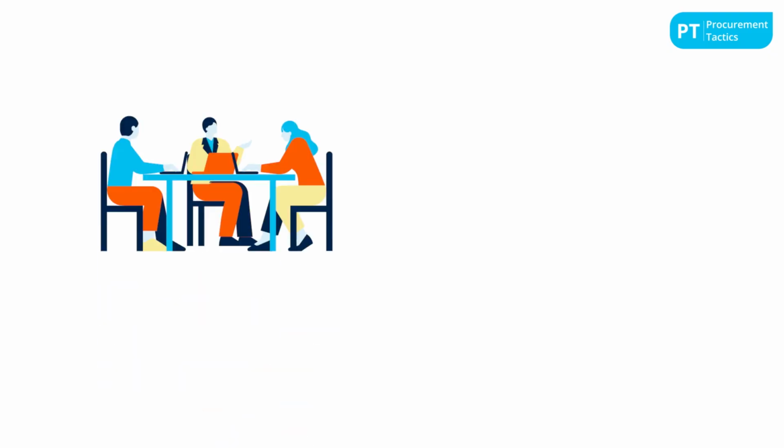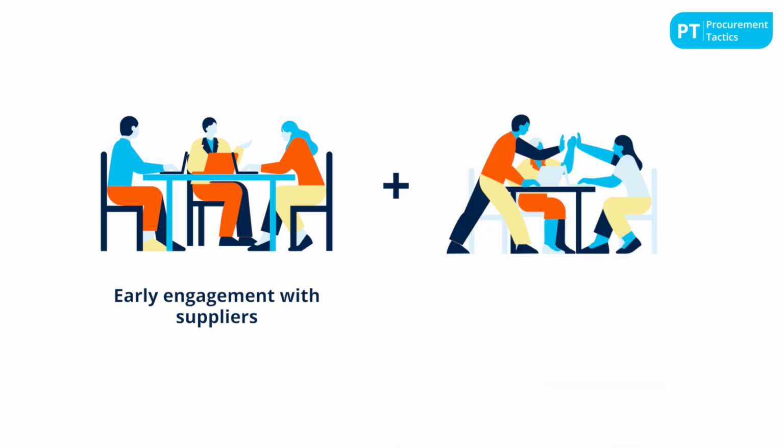A disruption in this routine could severely impact our production. By engaging with our suppliers early on, we collaboratively developed a continuity plan to mitigate the risk of a halt in supply due to the industrial action. This process not only minimized potential disruptions, but also fortified our relationships with the suppliers.